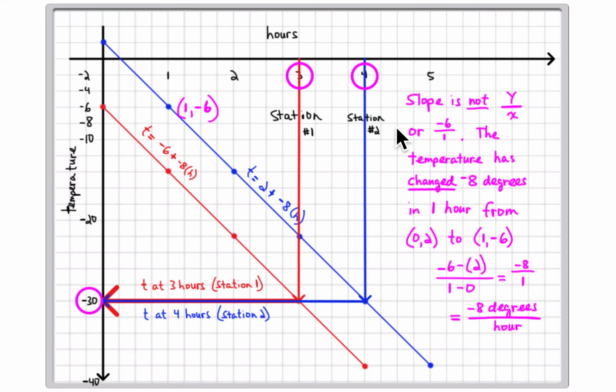But in the beginning, it's not. So you have to find the difference. So this is -6 minus 2. So this ending point minus the beginning point is going to give you this -8 degrees. And this ending point, 1 hour, minus the starting point, 0 time, is going to give you that 1 hour in time. So that slope is -8 degrees per hour.